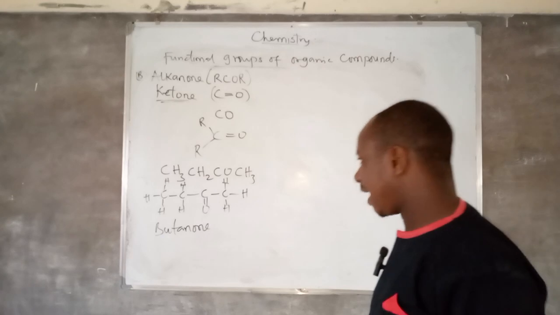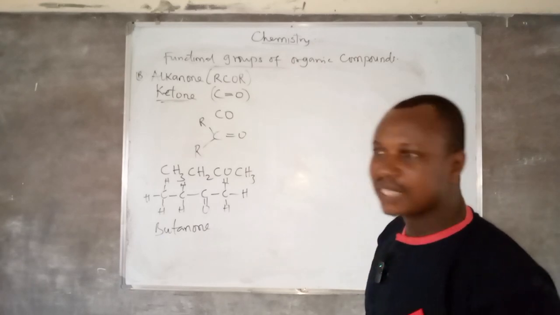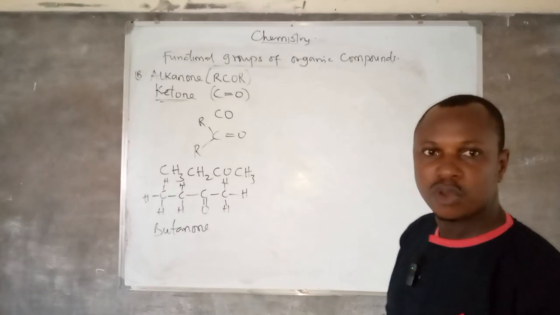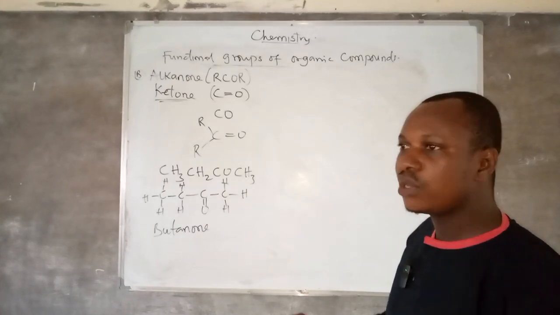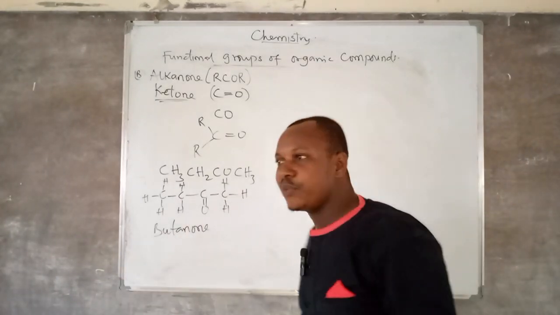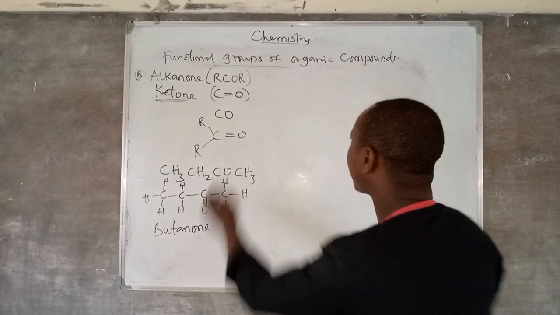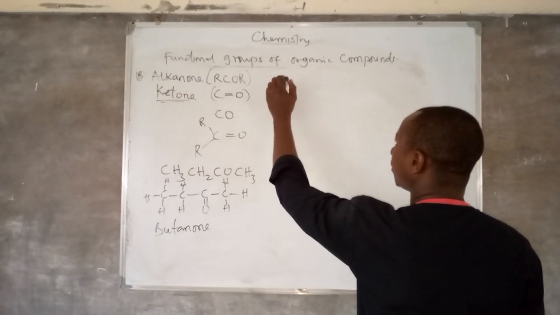Butanone. Don't forget, we are not dealing with IUPAC yet. This is just to expose you to the functional groups, so that when we start the IUPAC nomenclature, you get the whole thing clearly. Another example.